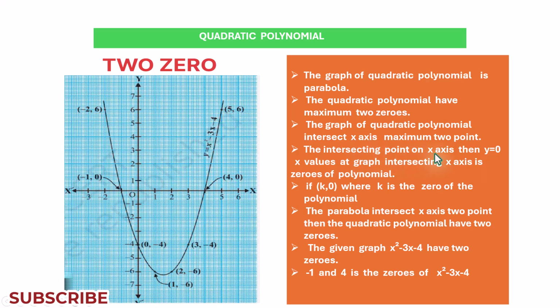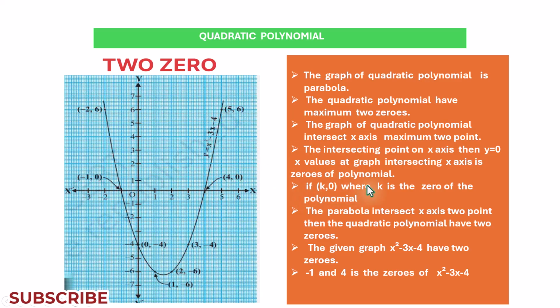At the intersecting point on the x-axis, y is equal to 0. The x value where the graph intersects the x-axis is a zero of the polynomial. When y is equal to 0, the x value is a zero of the quadratic polynomial.